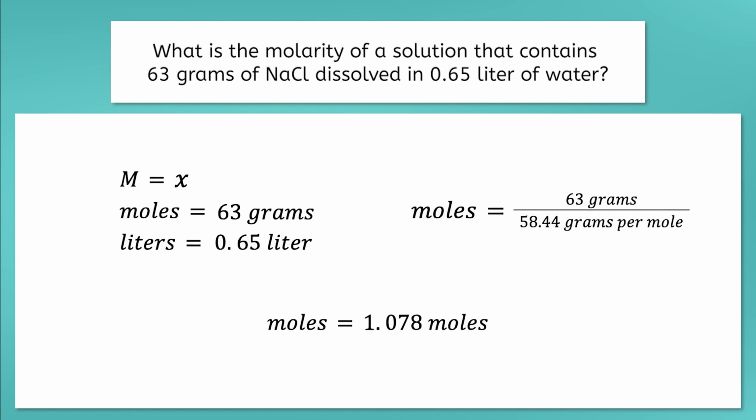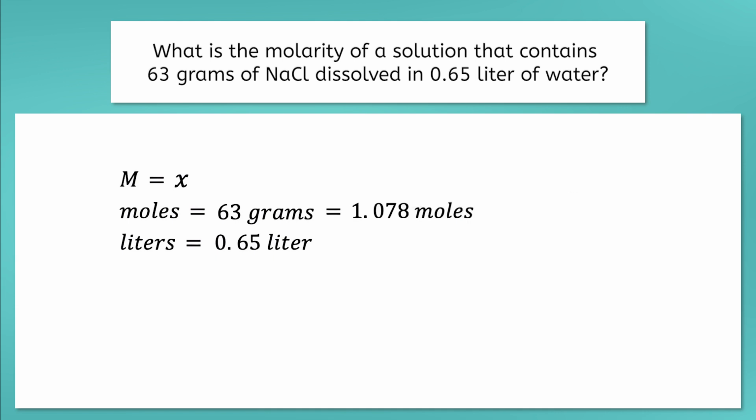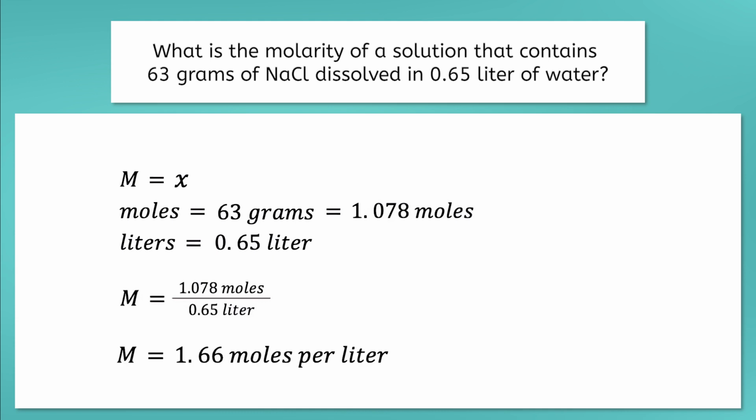We add that to our list. Now we are all set with our units and can solve for the molarity. M equals moles divided by liters, so x equals 1.078 divided by 0.65, giving us a concentration of 1.66 moles per liter.